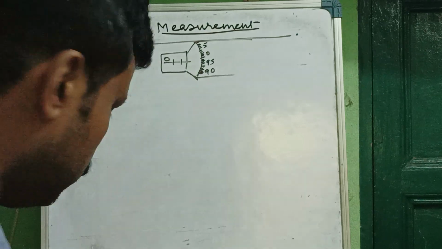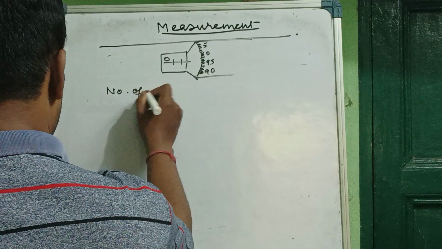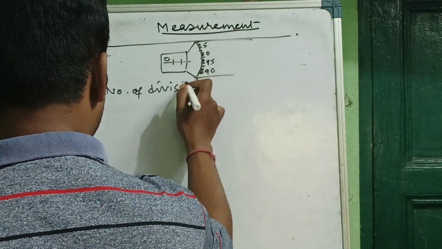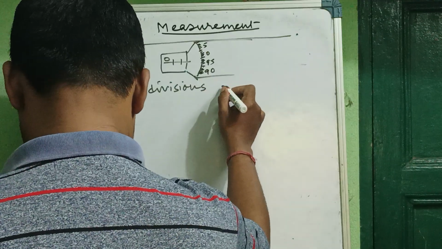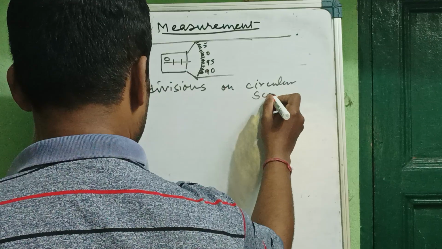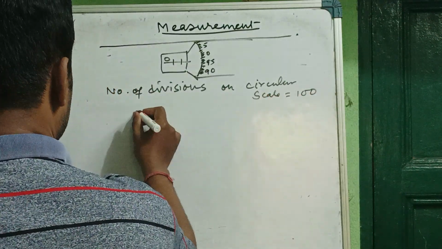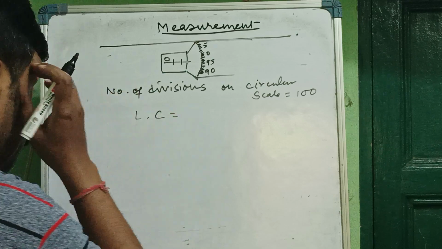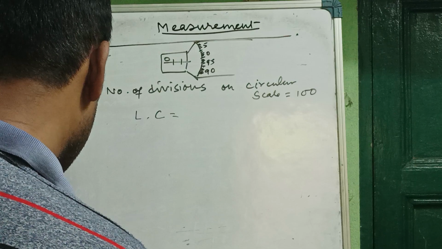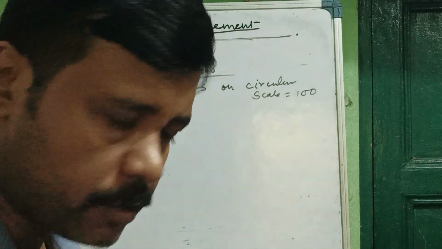We know that the circular scale has 100 divisions. The number of divisions on the circular scale equals 100. Least count here is pitch divided by the total number of divisions of the circular scale.